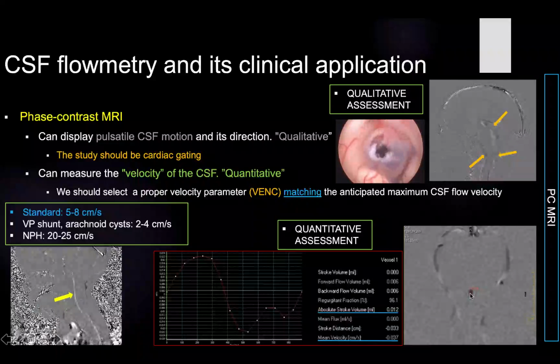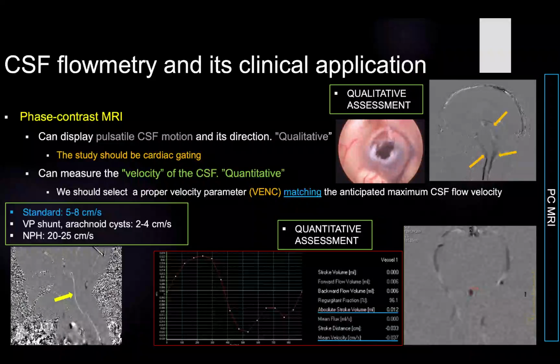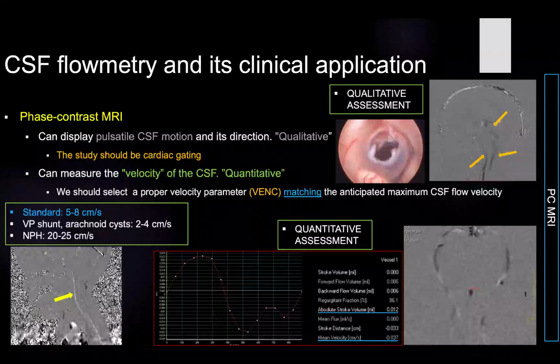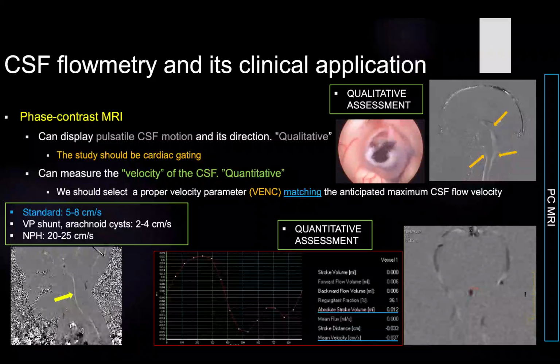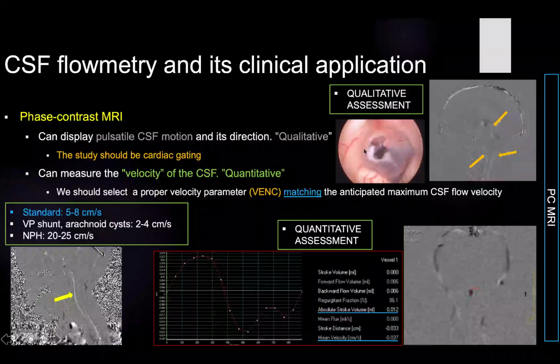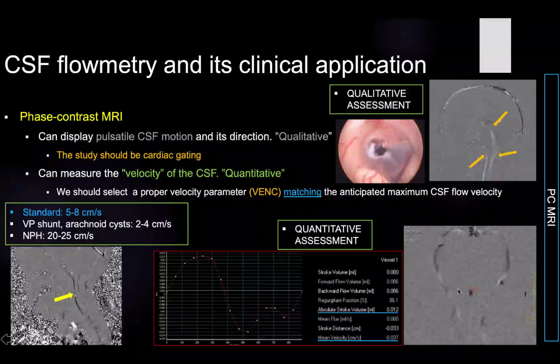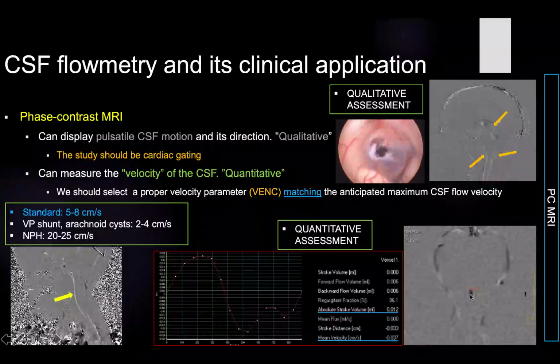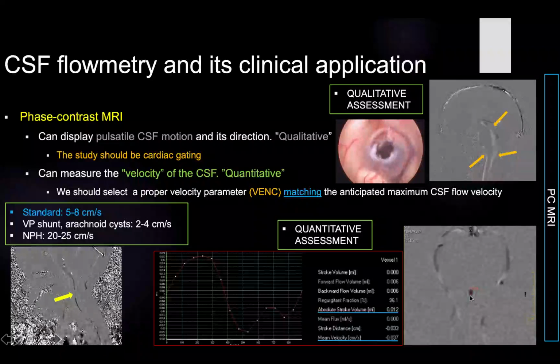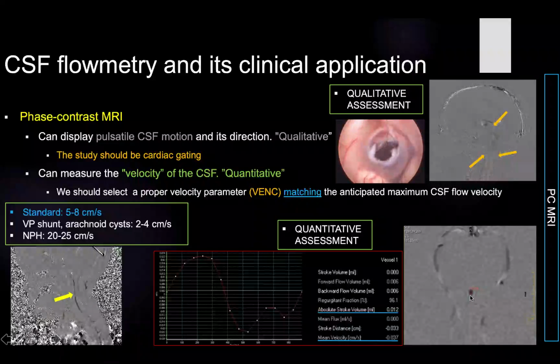At any specific site where I want to measure the CSF flow, when I apply this ROI, for example here at the aqueduct of Sylvius, I can measure the velocity of the CSF flow at this site.